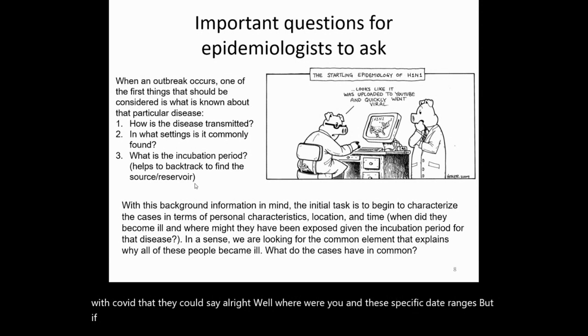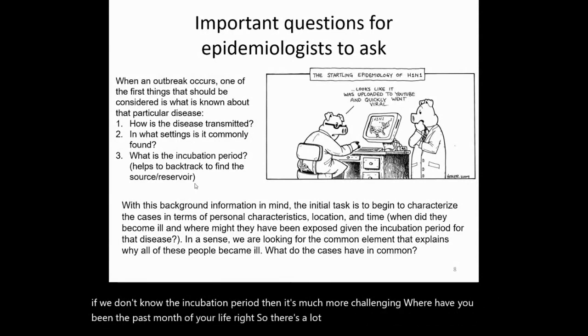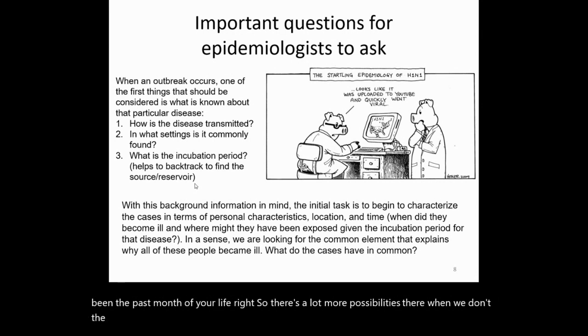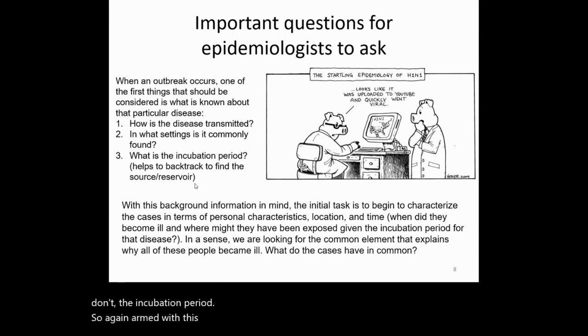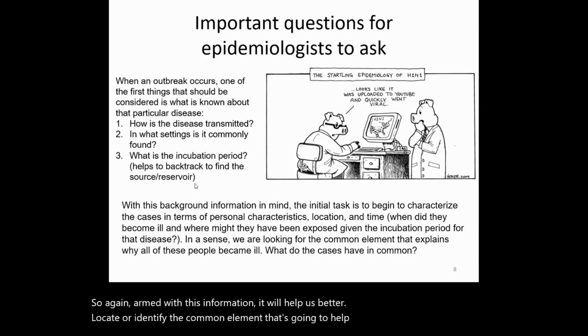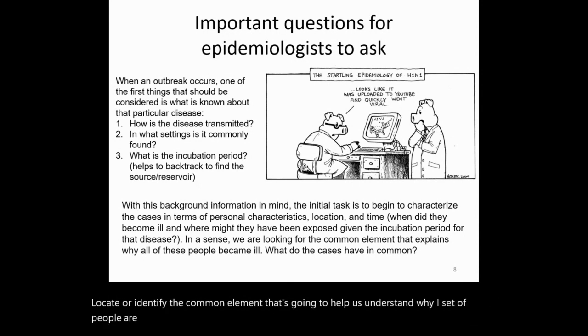But if we don't know the incubation period, then it's much more challenging. Where have you been the past month of your life? There's a lot more possibilities there when we don't know the incubation period. So again, armed with this information, it will help us better locate or identify the common element that's going to help us understand why a set of people are ill.